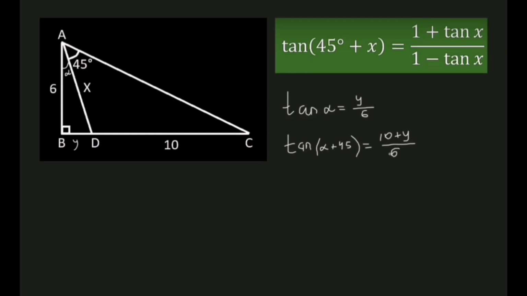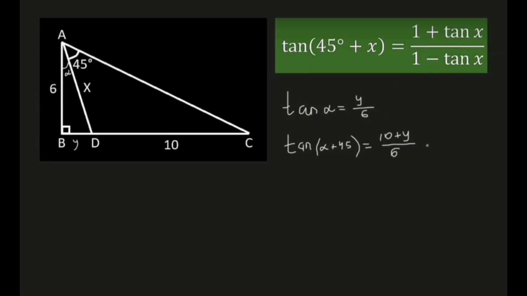Well, after that, let's use the fact that for every angle, it's correct that the tangent of 45 degrees plus this angle equals 1 plus the tangent of this angle divided by 1 minus the tangent of this angle.